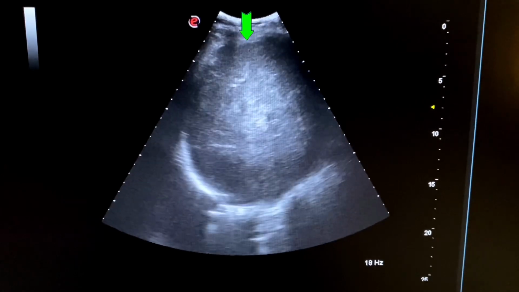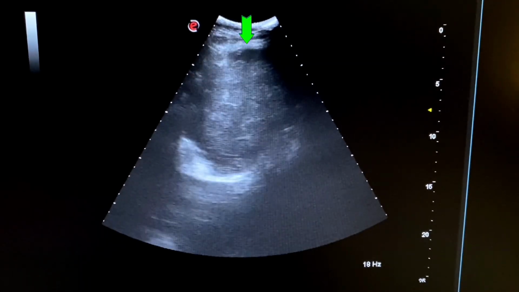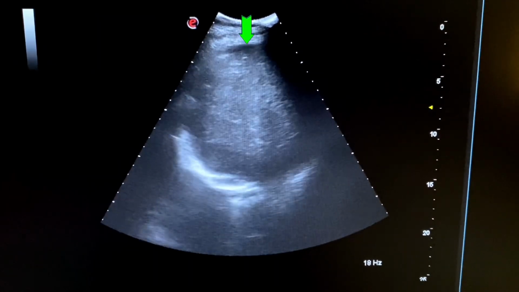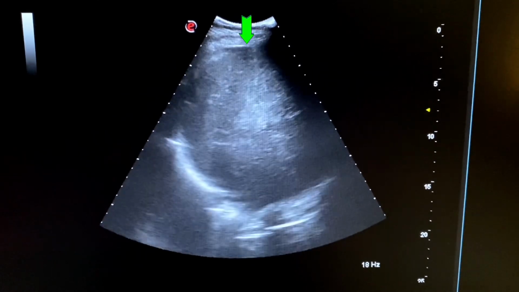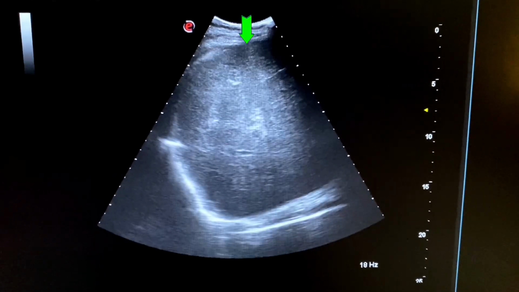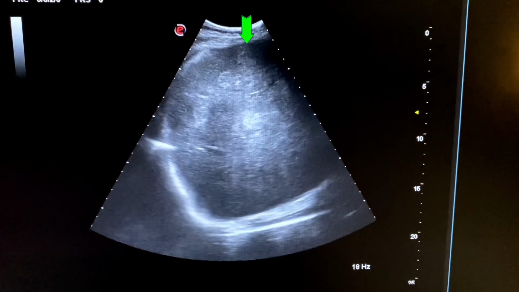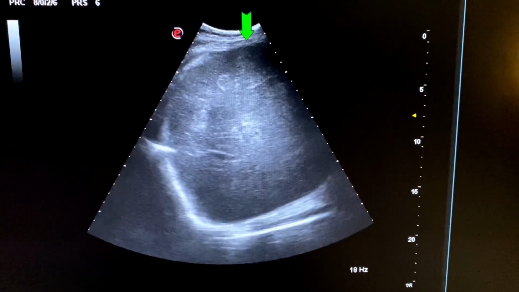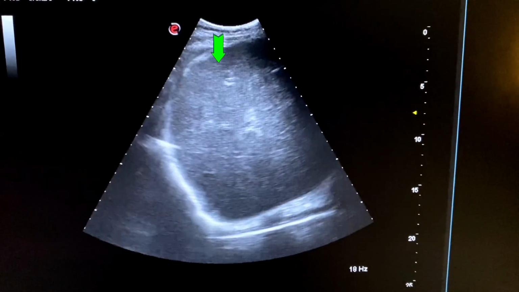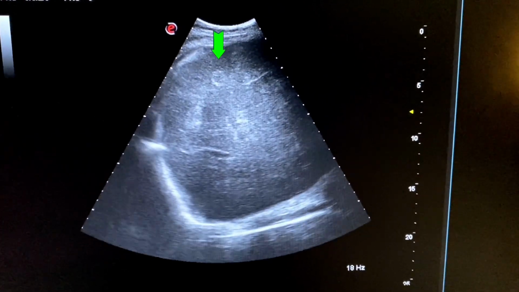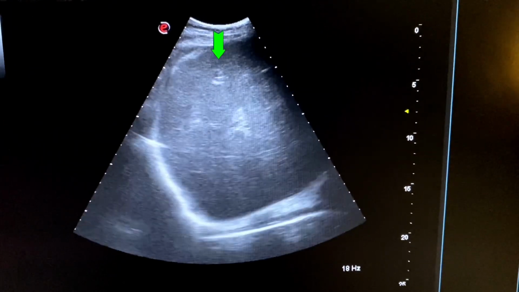Now we scan the right lobe of the liver and look for focal lesions or pathology in the right lobe also. Here we see another echogenic well-defined rounded mass.